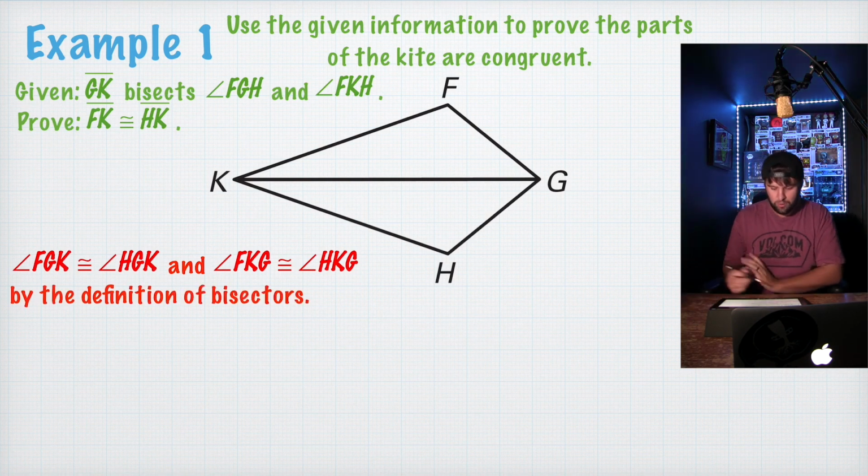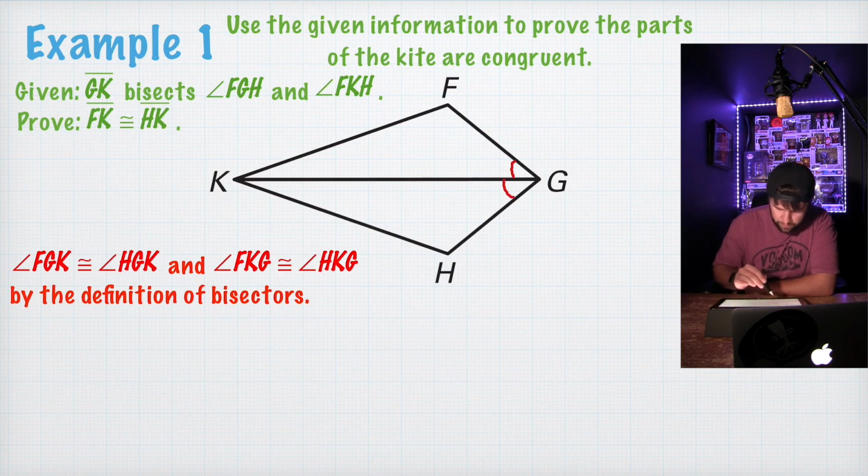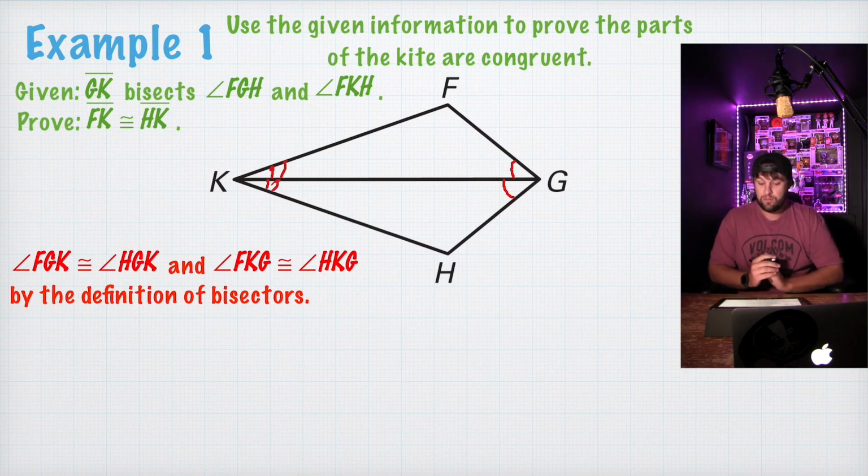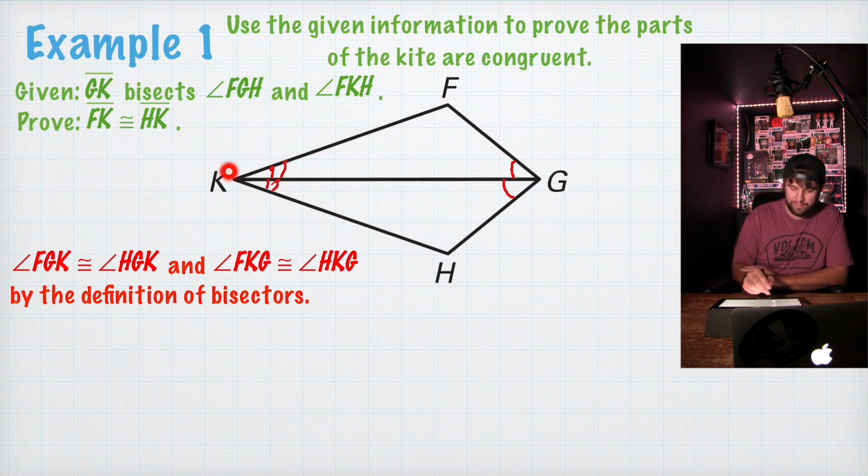Okay, so let's go ahead and mark the information we just wrote down. We know that this angle is congruent to this angle, and this angle is congruent to this angle. Okay, so now of the two triangles, we know those two angles are congruent. Ultimately, we're trying to prove that FK is congruent to HK, and guess what?